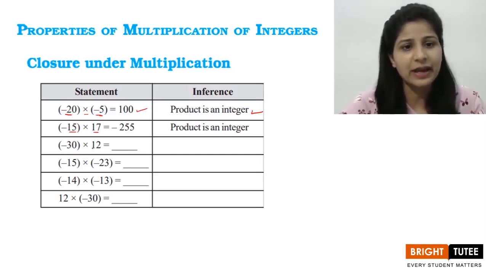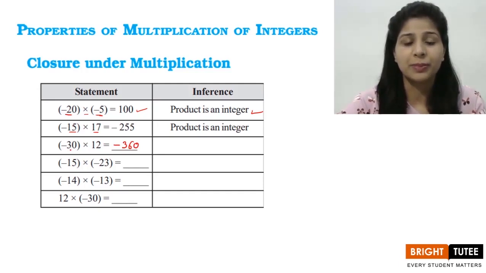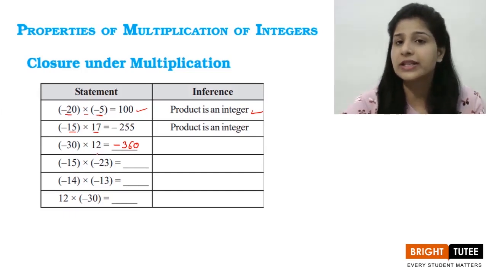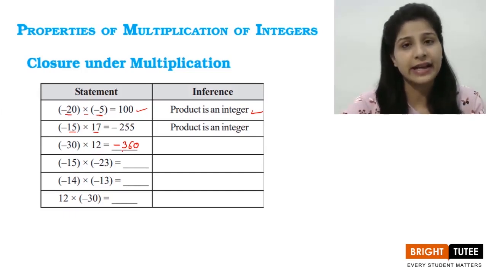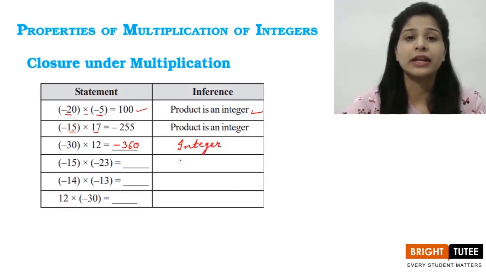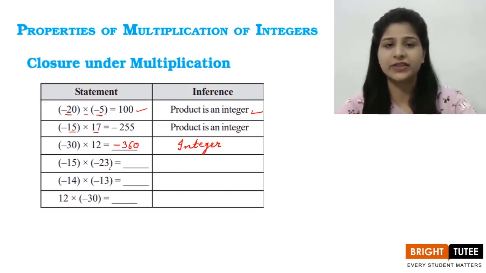We can easily multiply. 12 into 3 is 36. We get the answer as minus 360. Plus and minus, we have already learned when one of the integers is negative and one is positive, what is the answer that we get? It is negative. Is this an integer? Yes. So what is the inference that we come out with? It is an integer.